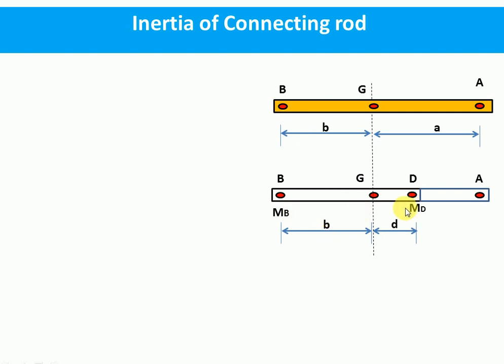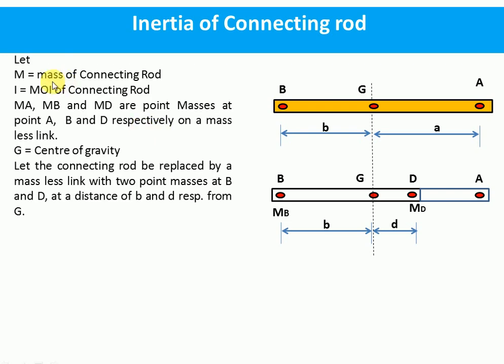This D is any arbitrary point on this massless link which is at a distance of small d from center of gravity, and we are considering that this system behaves as a dynamically equivalent system. So let m be the mass of the connecting rod, I is the moment of inertia of the connecting rod, MA, MB and MD are point masses at point A, B and D respectively on a massless link.